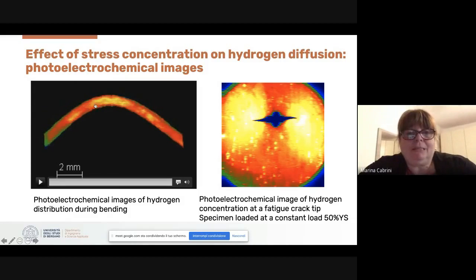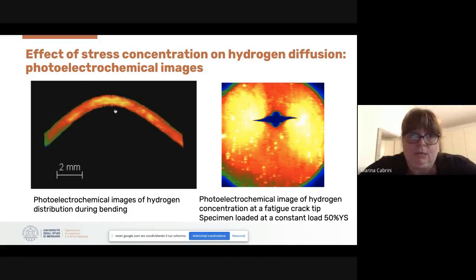When there is a plastic deformation, it is possible to observe that there is a concentration of hydrogen in the most tensile, plastically deformed zone.